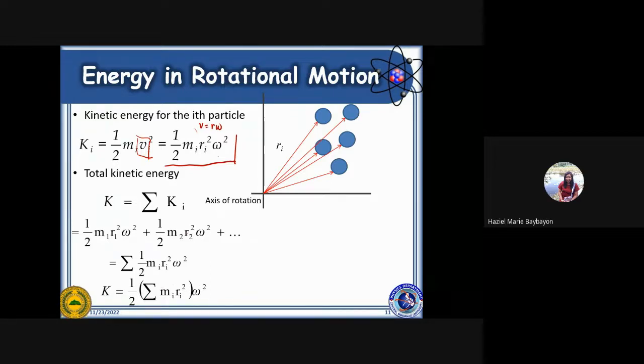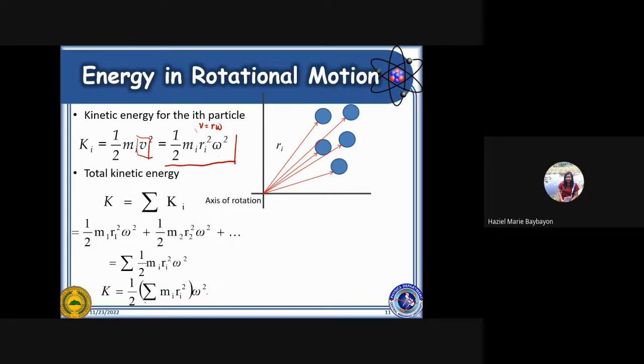From this equation, 1/2 mv squared, it has now been translated. Ato siyang i-reconstruct in terms of r and omega. So, naabot na ta ani nga equation. Okay?